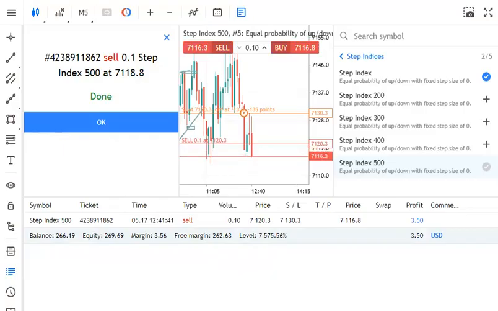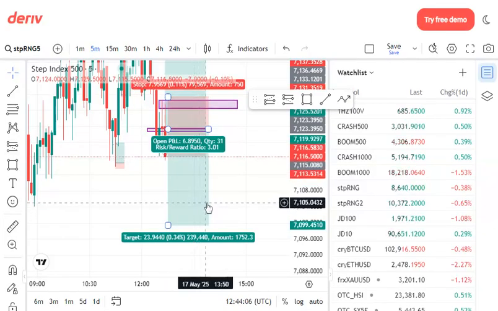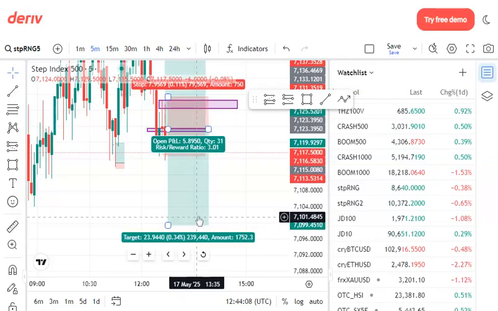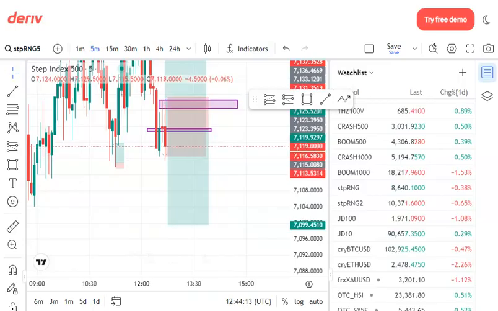But then if we made from 266, if we get this plus $23, you see we're gonna be in profits. If we get plus 23 USD, we're gonna be in a profit of $9. And of course, it is what it is.